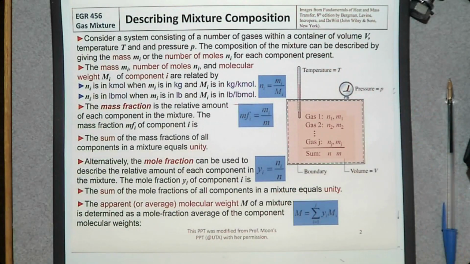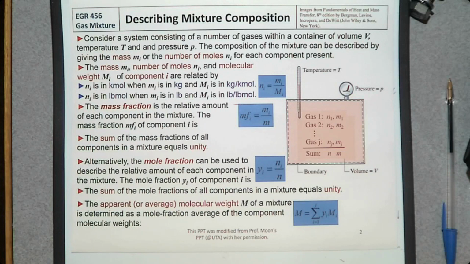Then we are going to study fractions. The first one is mass fraction. The other one is mole fraction. The mass fraction applies when you have a mixture, because most of the materials that we are going to study are mixtures, like moist air. If you have moist air, what do you have?